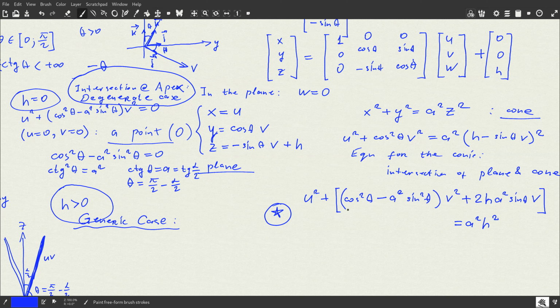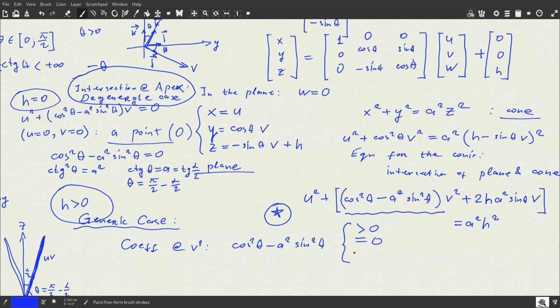Let us consider the coefficient at v squared: cosine squared theta minus a squared sine squared theta. It may be greater than 0, it may be equal to 0, it may be less than 0.